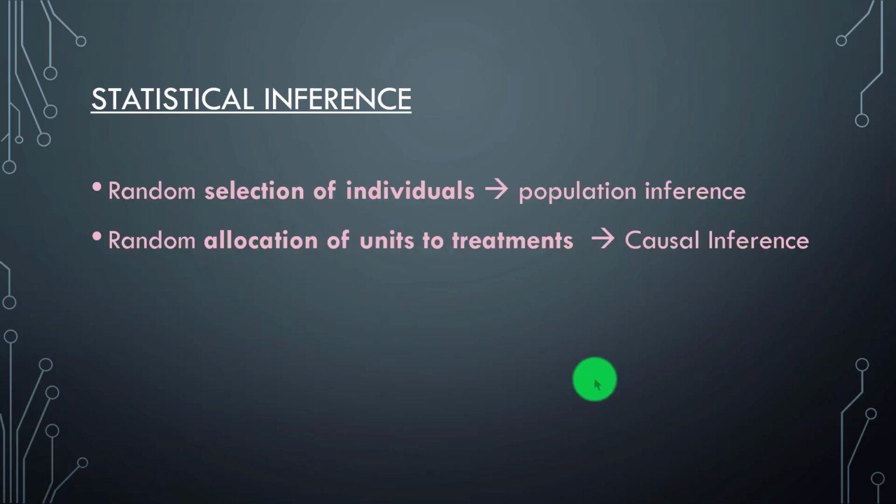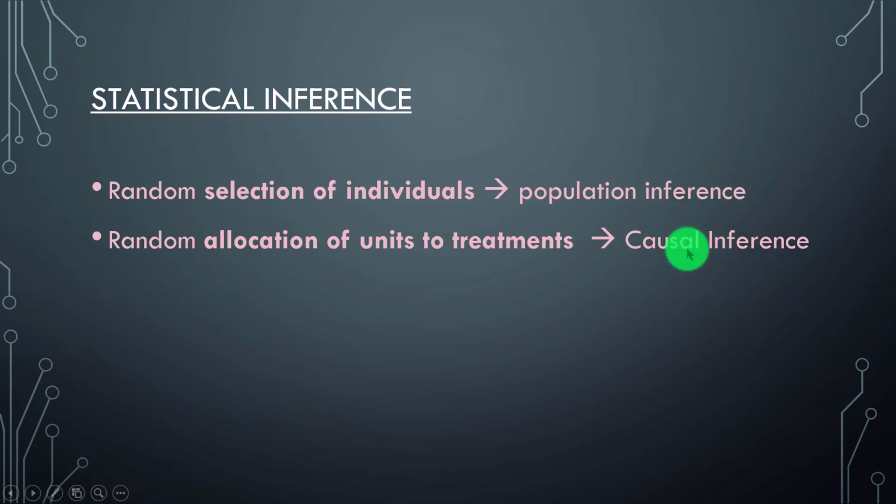Let's take a look at how sampling and randomization in particular may affect the type of inference that can be made. In general, there are two types of statistical inference. One of them is called population inference, and that is when you extrapolate or generalize from your sample to the population. And then there's causal inference, i.e. cause and effect.